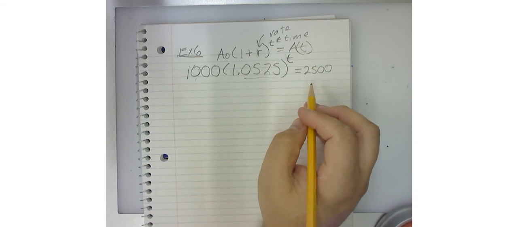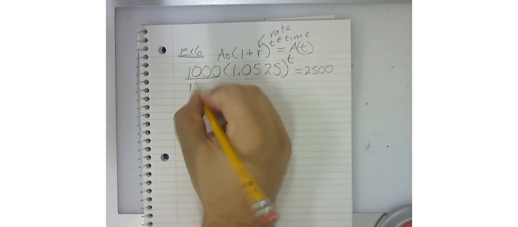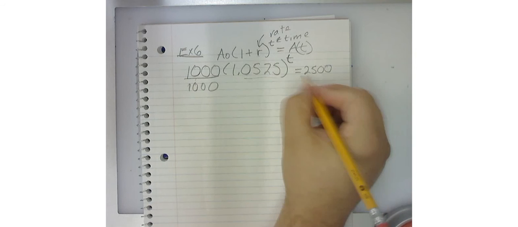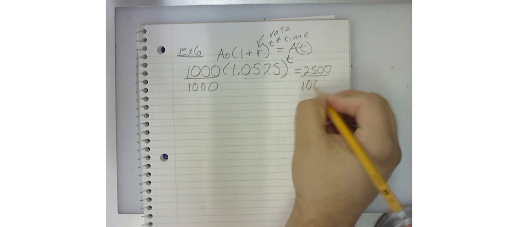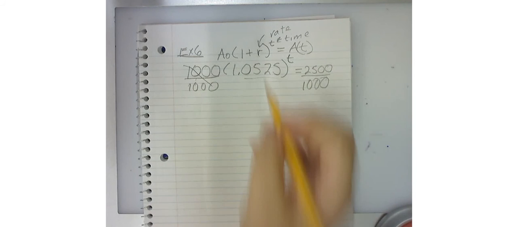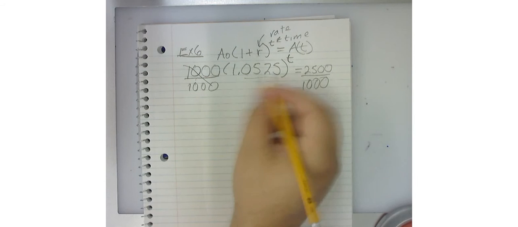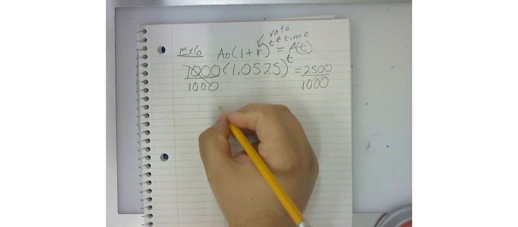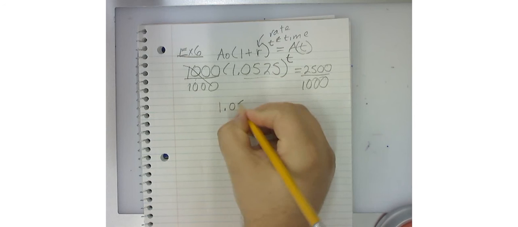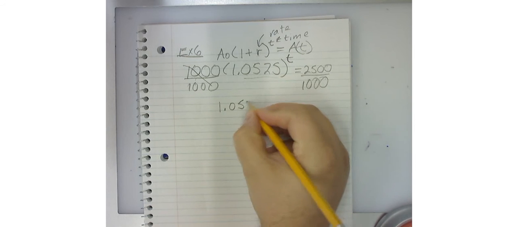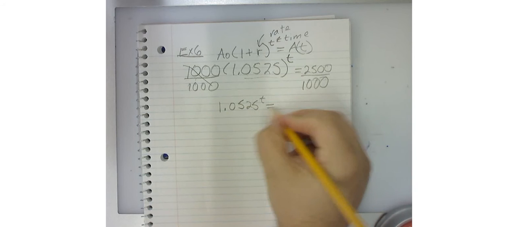So the first thing I want to do is clean this up a little bit algebraically. I'm going to eventually hit this with e to the, well, I'm going to raise everything as a power of e. So before I do that though, I want to move this 1,000 over. So then that leaves me with a nice clean 1.0525 raised to the t is equal to 2.5.